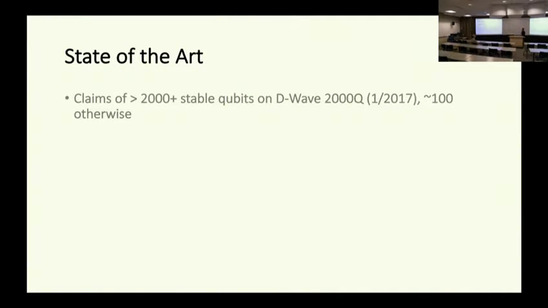So, state of the art. There are claims of 2,000 plus stable qubits on D-Wave. Whether or not that's exactly true is unclear. Outside of that, we're getting up to about 100 qubits in actual hardware.